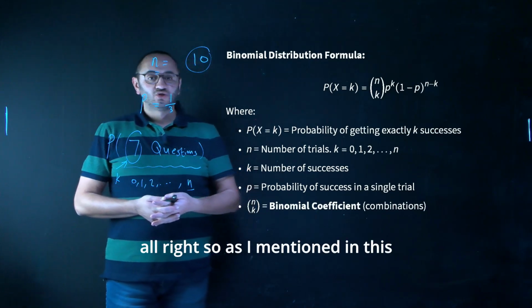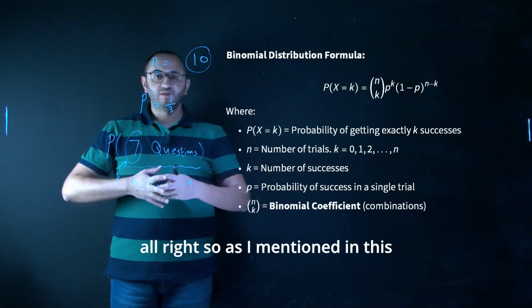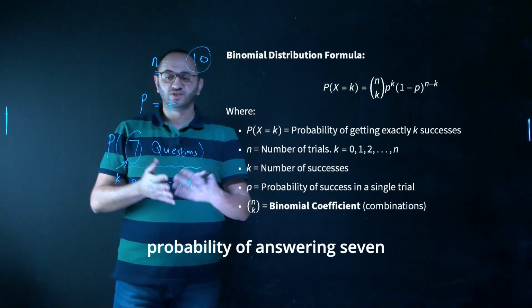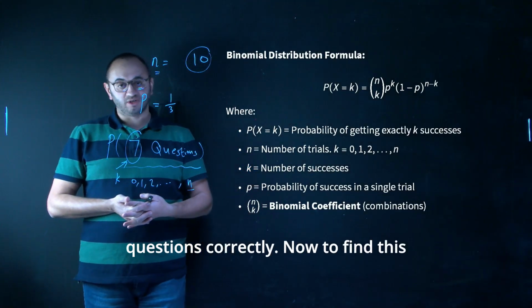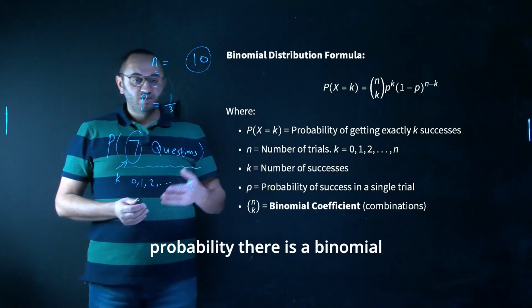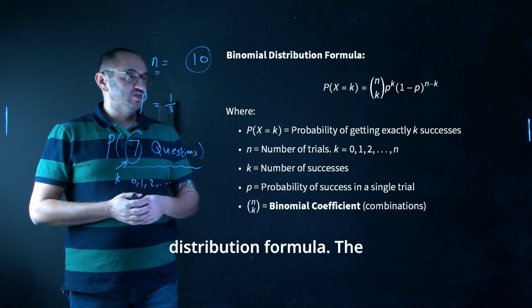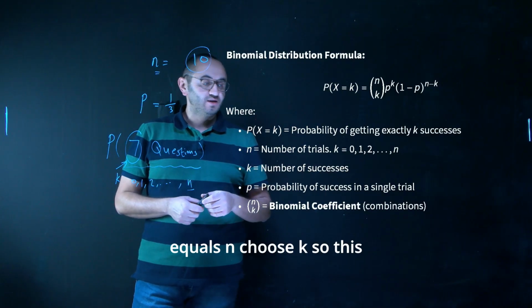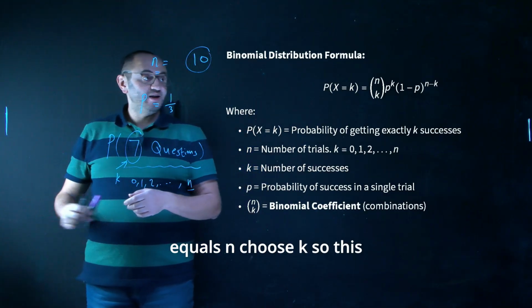All right. So as I mentioned in this example, we have to find the probability of answering 7 questions correctly. Now, to find this probability, there is a binomial distribution formula. The formula says the probability that X equals k equals n choose k.